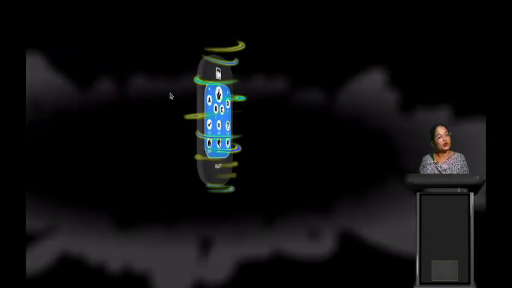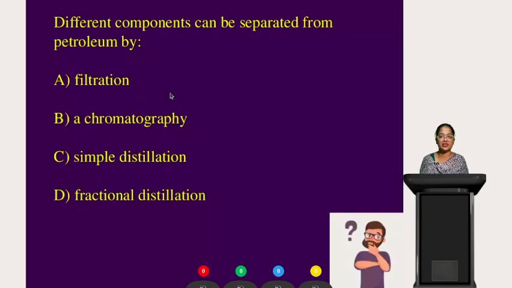Now let's look at one question before continuing. What are the different components that can be separated from petroleum by A. Filtration, B. Chromatography, C. Simple distillation, D. Fractional distillation. You get 30 seconds. Think it over. The petroleum products can be separated through what?